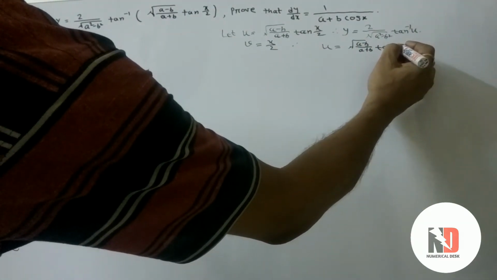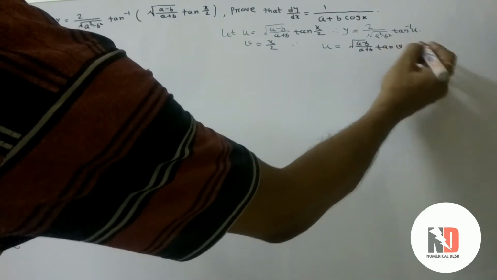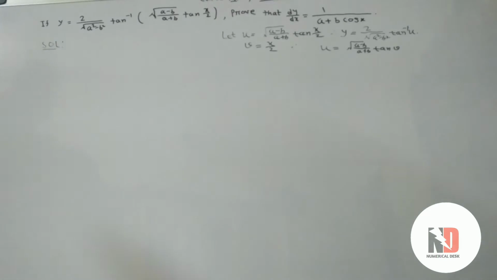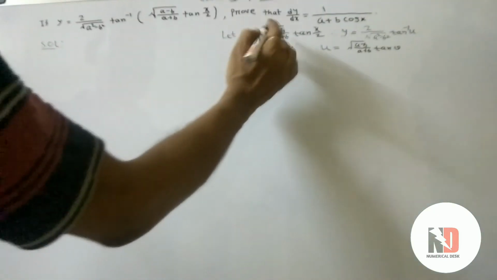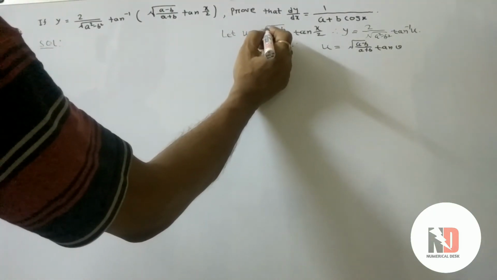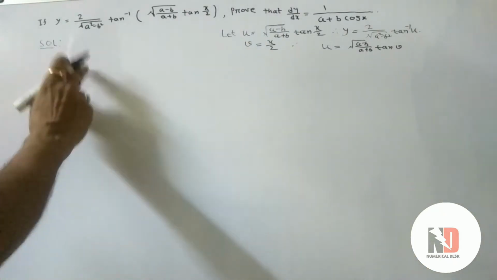So y is expressed in terms of u and u is expressed in terms of v. Okay, so now let us see what is going on.